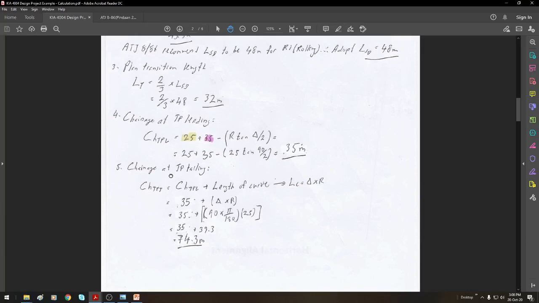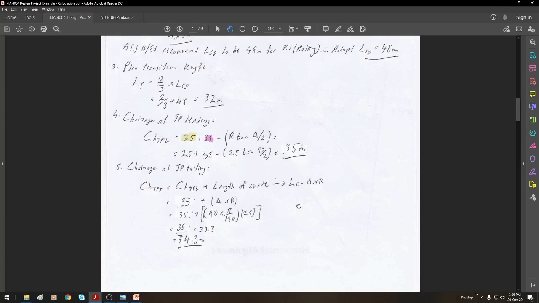Next, you calculate the chainage at the tangent point tailing. This is the tangent point leading chainage, 35 over here, plus the length of curve. This is the formula for the length of curve. You need to convert the value of delta into radians. So you get 74.3.